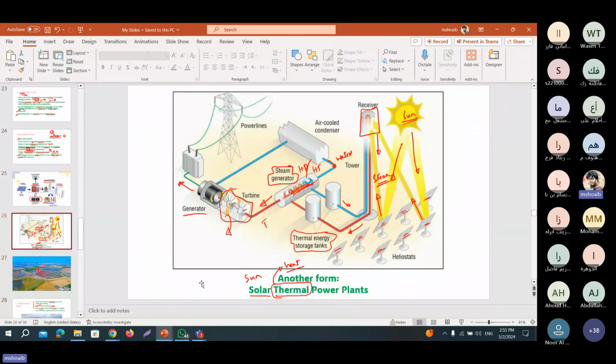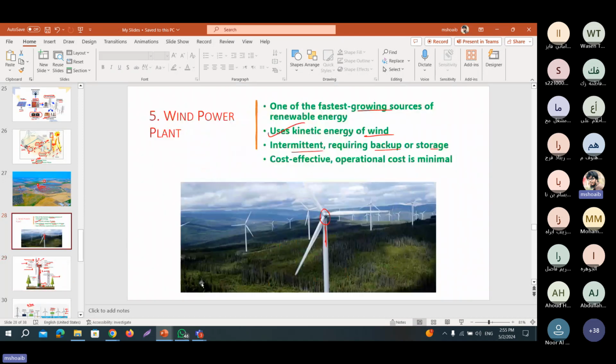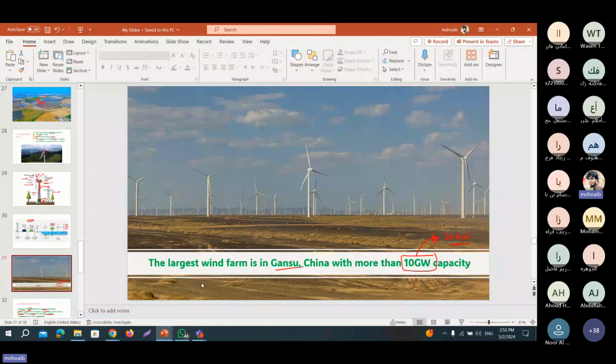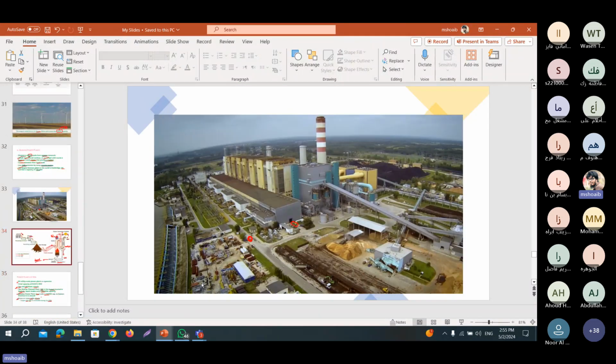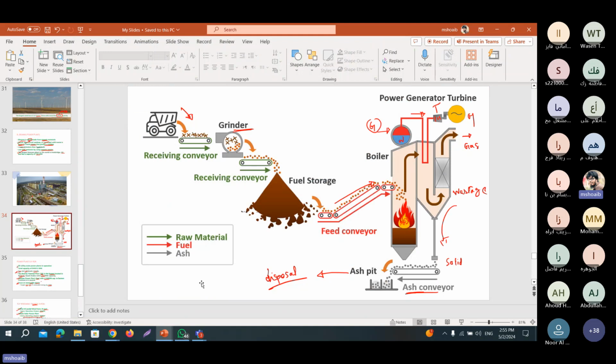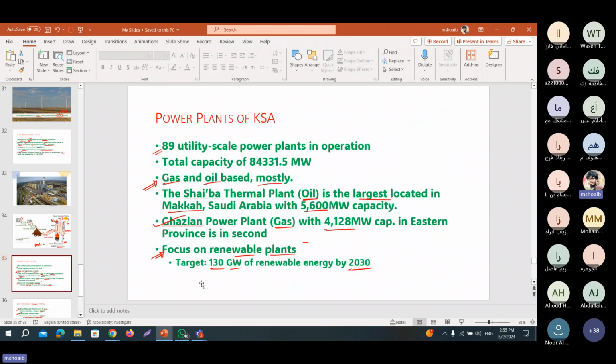Another is to use the solar energy to get heat and convert it into thermal energy, and there are thermal power plants. Then I talked about the wind power plant, another renewable energy resource. It can be onshore and offshore. And the last one is biomass, which is also better than fossil fuel burning, but it has the same property as the thermal power plant.